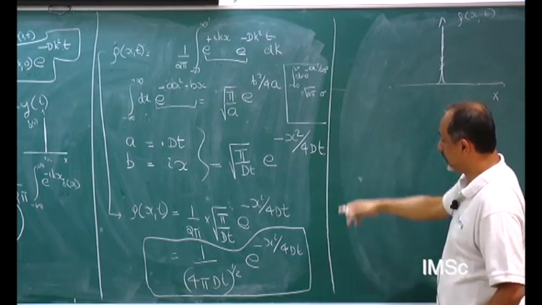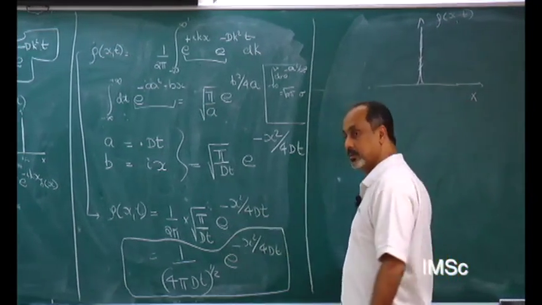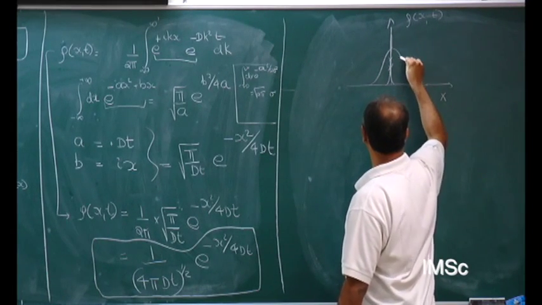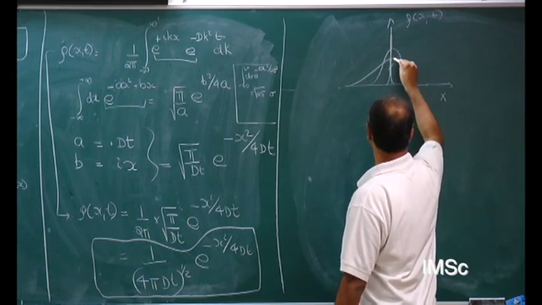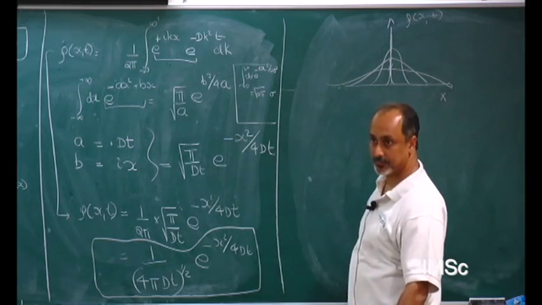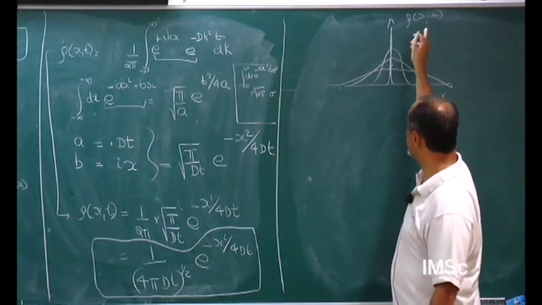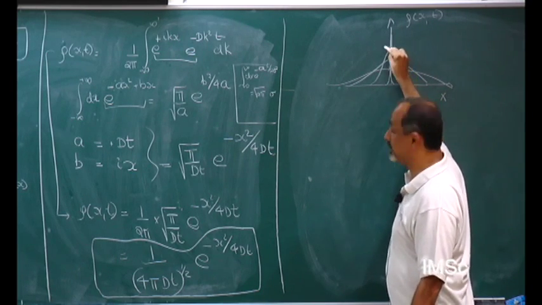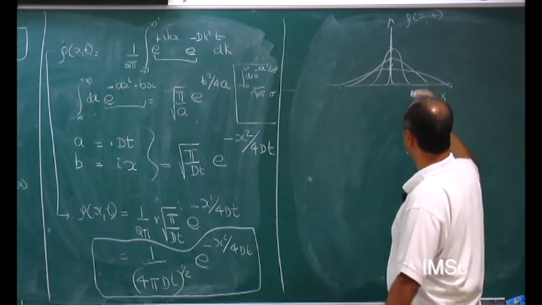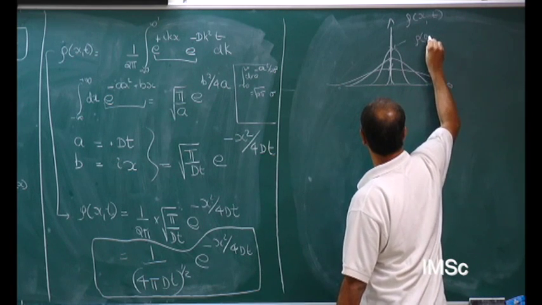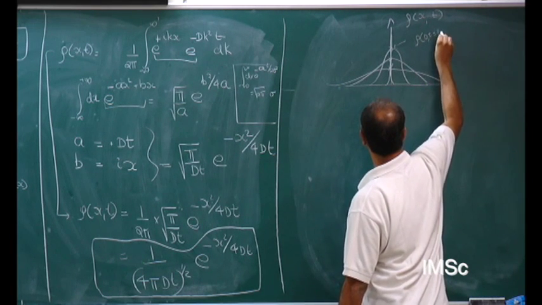And from here, because this is a Gaussian, we can reconstruct other properties. For example, for this time it might look like this, for this time it might look like this, for this time it might look like this. For now it's a full rho of x. x equal to 0 is only telling me about this value here, this value here, this value here. So this might be rho of 0 at time t equal to t1.